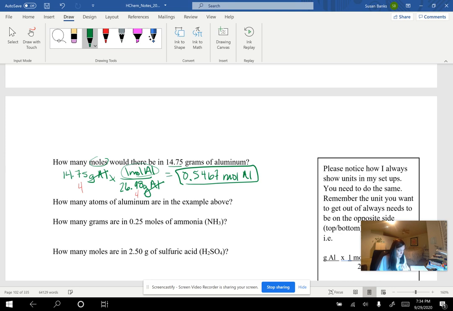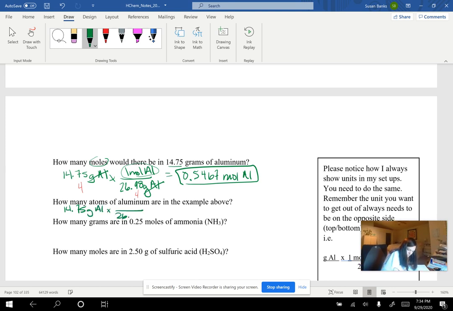And then once I have moles, like I did in the previous problem, then I'm going to use Avogadro's number to get it to atoms. So I'm going to string this all together just so that we don't have any rounding issues. And it looks like I didn't give myself very much room when I printed up this book.